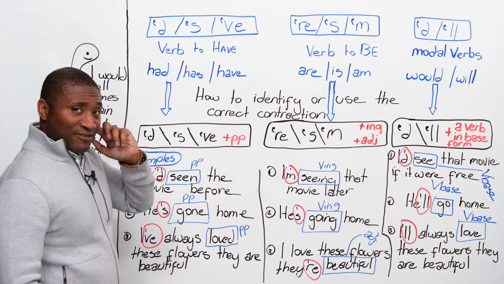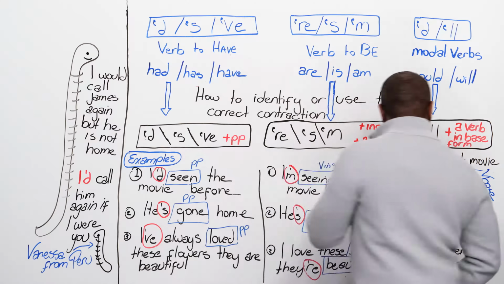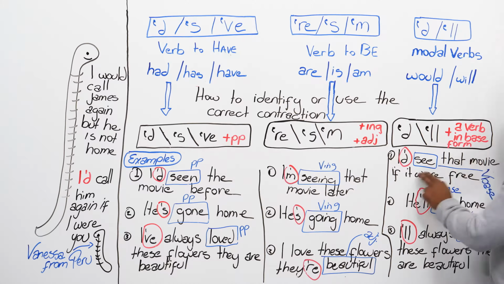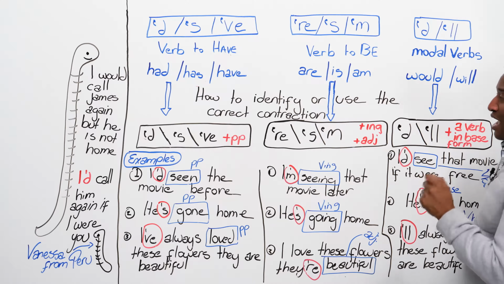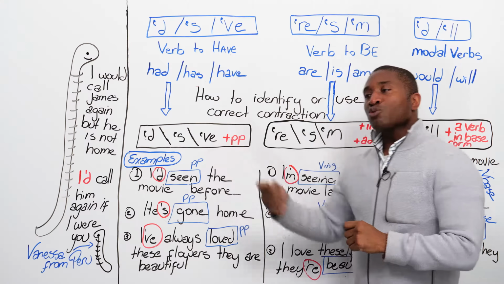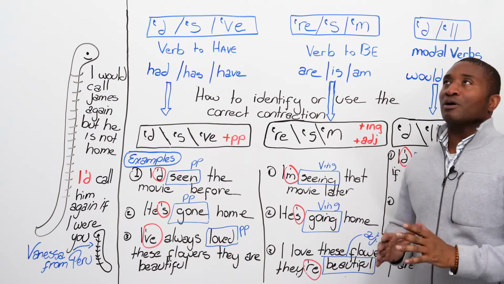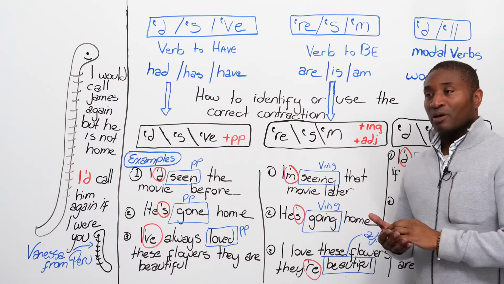So how do we identify it so we know that they're not the same? Well, let's take a look. I'd see that movie if it were free. Now, when we said it was the verb to have, you need a past participle. A rule for modals is that when you have a modal, it's followed by the base form of the verb, right?